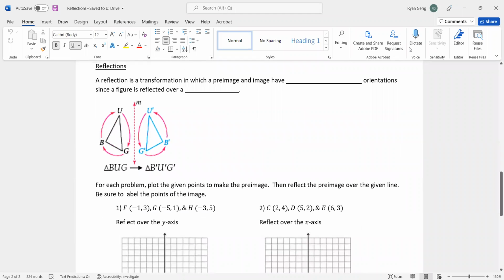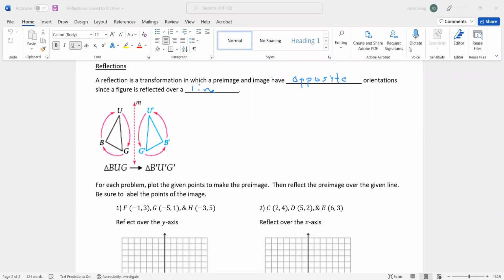A reflection is a transformation in which a pre-image and image have opposite orientations. Orientation, for lack of a better word, means clockwise or counterclockwise. They have opposite orientations since the figure is reflected over a line. You see a picture of that with those 2 triangles.